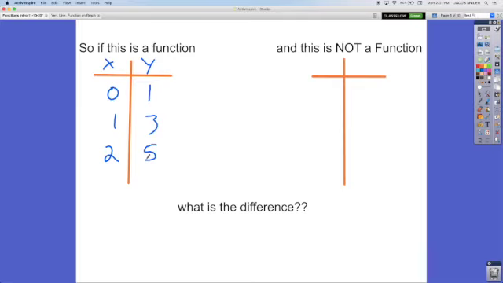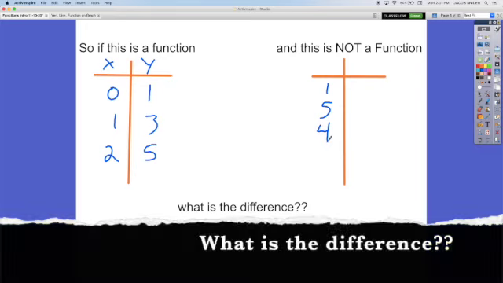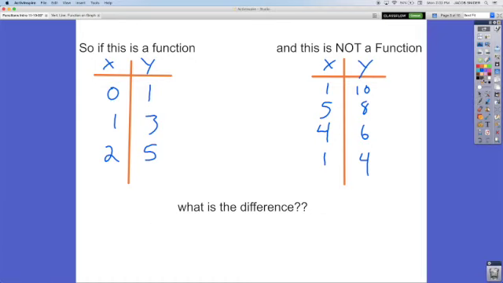Let's say I have x values 1, 5, 4, 1 and y values 10, 8, 6, 4. What do you notice about these two? The one on the left is a function, and the one on the right is not. What's the difference? Can anybody tell me?